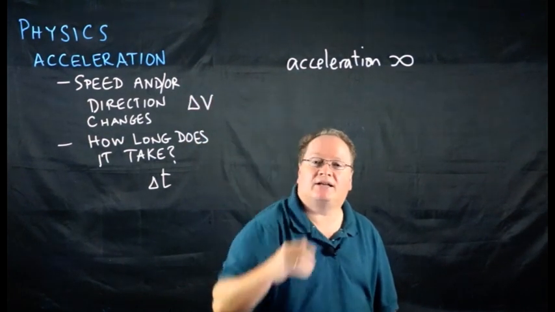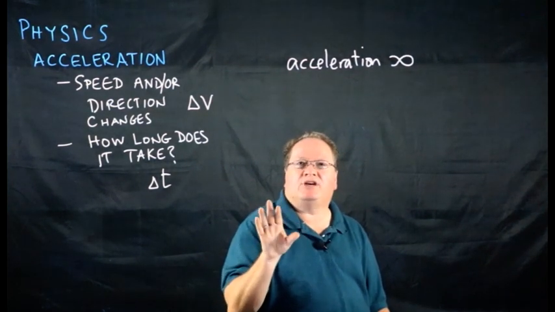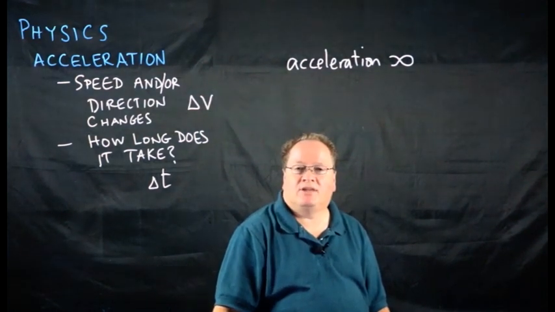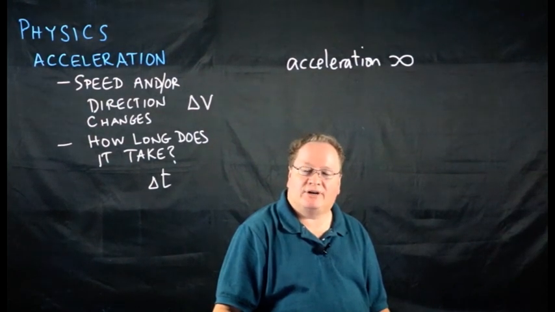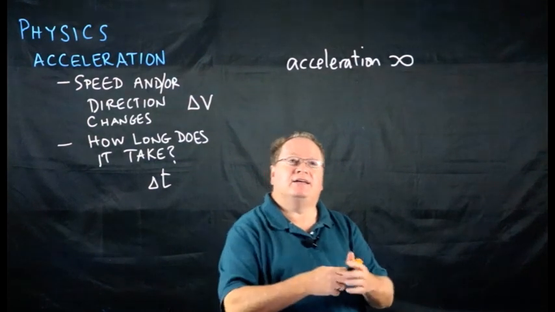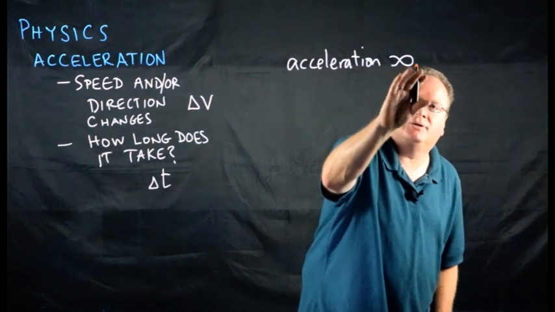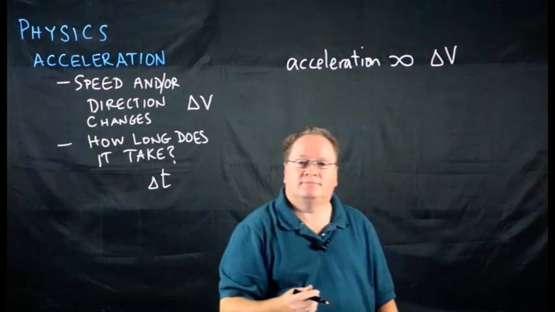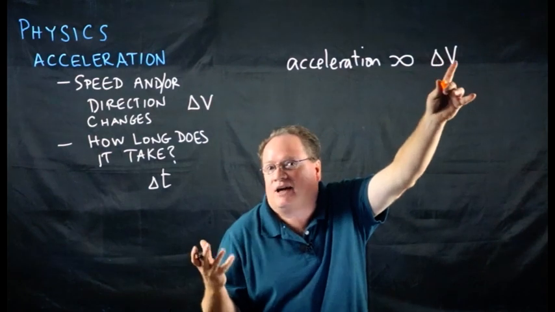Think about this one. If I get a big speed change, do I have a bigger acceleration or a smaller one? Well, the fact is, the bigger the speed change is, the more acceleration I get. So they're what we call directly related. And so I would say that acceleration is directly related to my change in speed. That's what delta V is, the change in speed or velocity.